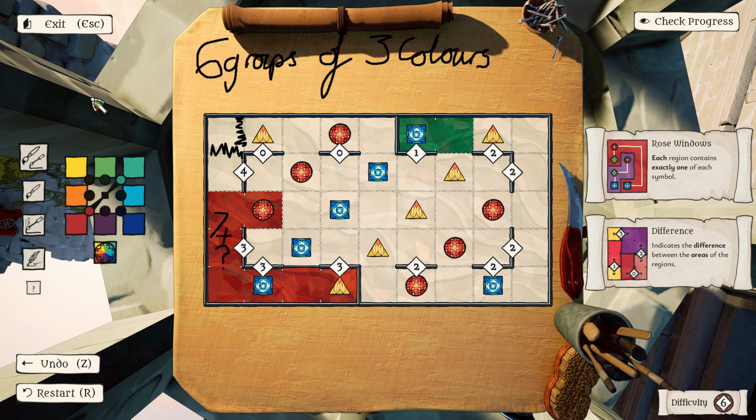Feels like not a lot. This is equal to this. This is equal to this. Then this can't touch this. Because it goes around the corner.